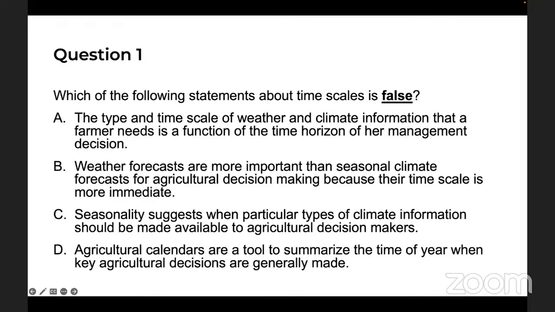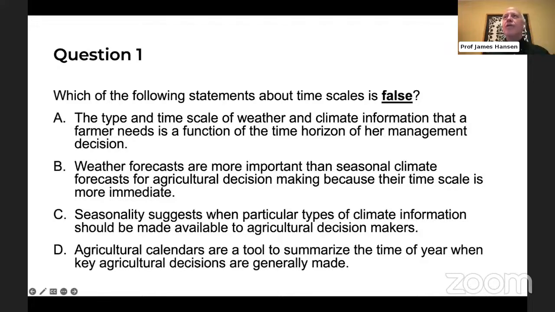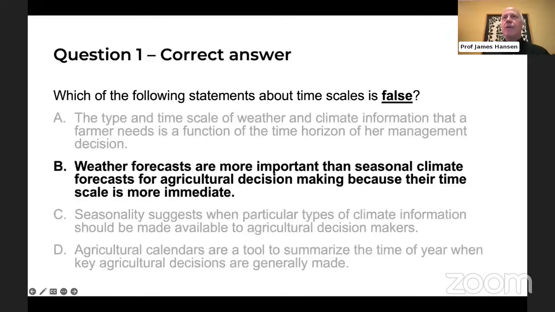Yes, please. Okay. So question 1, which of the following statements about timescales is false? The statement that is false is B, weather forecasts are more important than seasonal forecasts for agricultural decision making because their timescale is more immediate. So how quickly a farmer needs information does not indicate how important that information is.